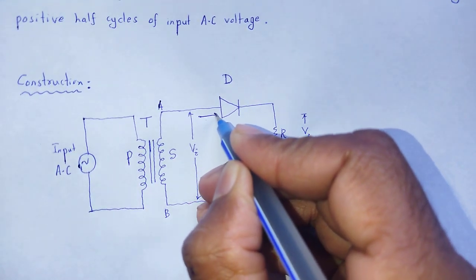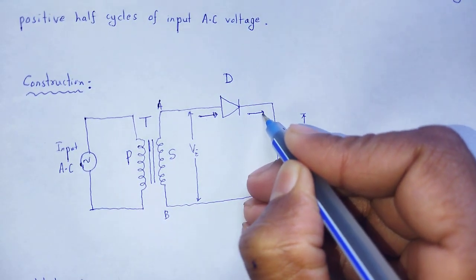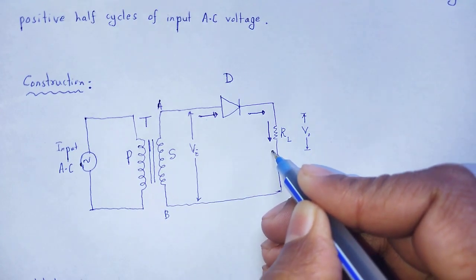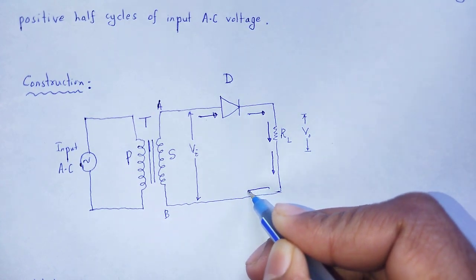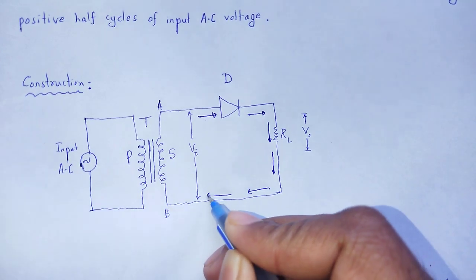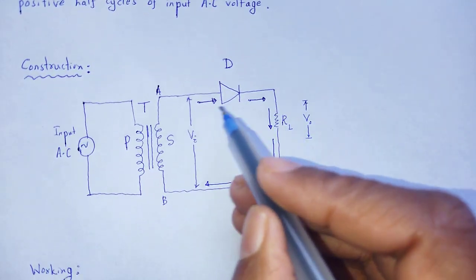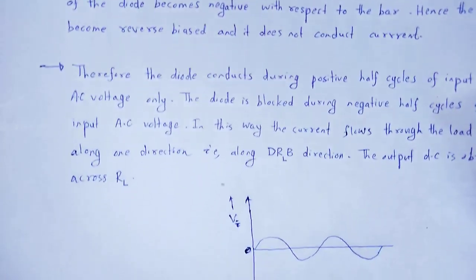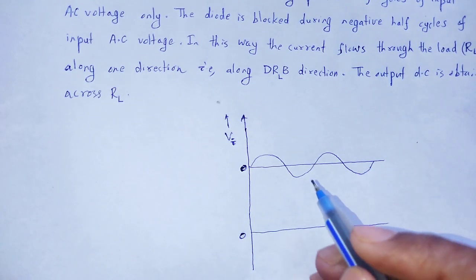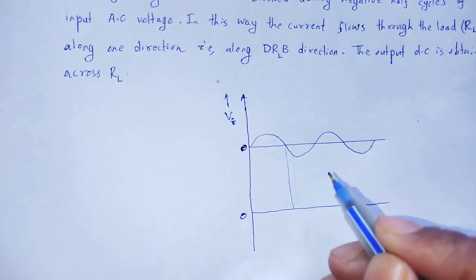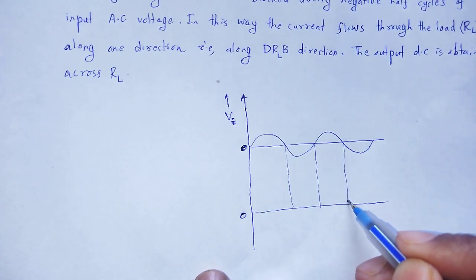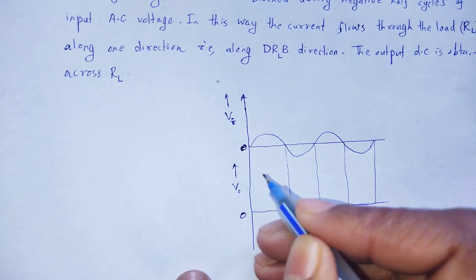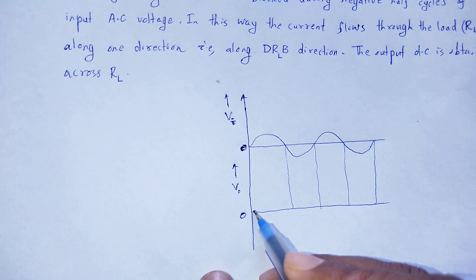The current direction, the direction of flow of current is D RL B, and the output voltage V output, we obtain only positive half cycles.